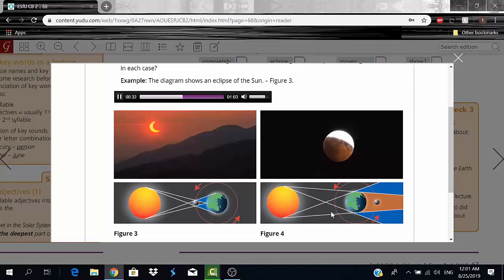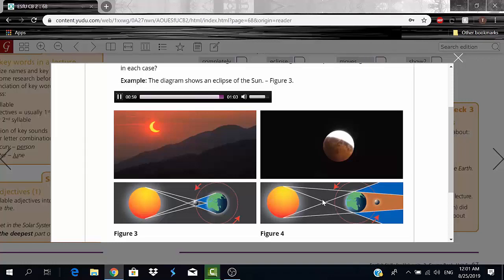Figure 4. 3, The moon is between the earth and the sun. Figure 3. 4, The moon is in front of the sun. Figure 3. 5, The moon is behind the earth. Figure 4. 6, The earth is between the sun and the moon. Figure 4. 7, The earth is in front of the moon. Figure 4.